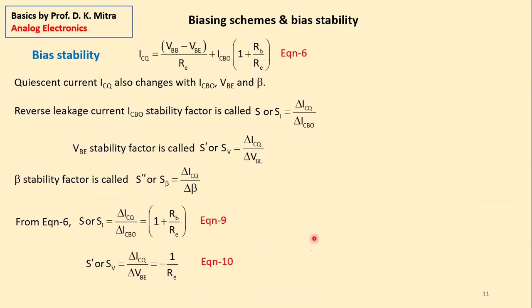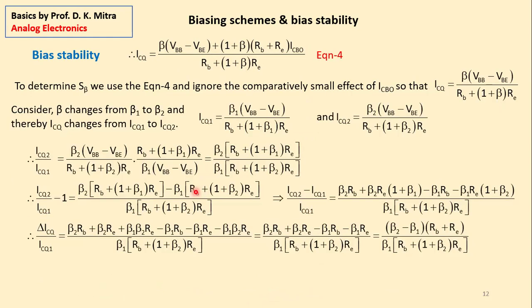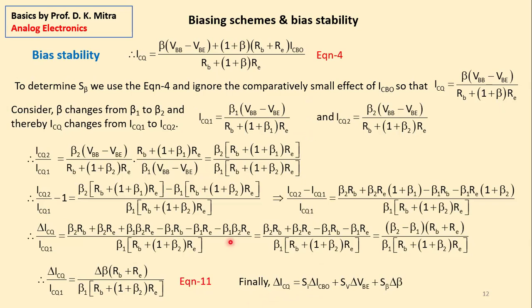because, let us go back here, there are three stability factors. This is one delta, one differentiation, that is another, this is another. So if all of them keep on changing, if ICBO changes, VBE changes, del beta also changes, then of course the total change is the sum of all of them.